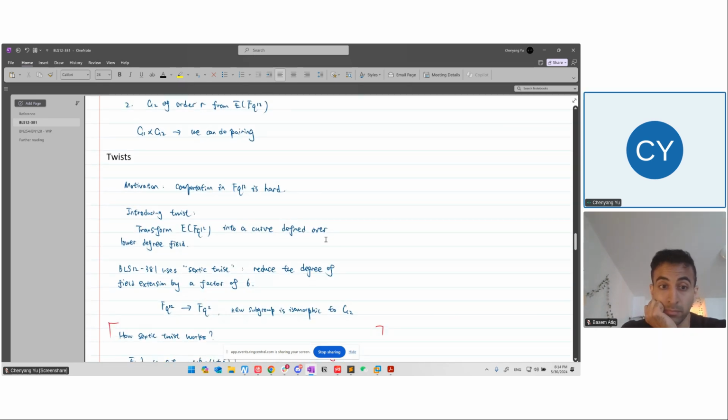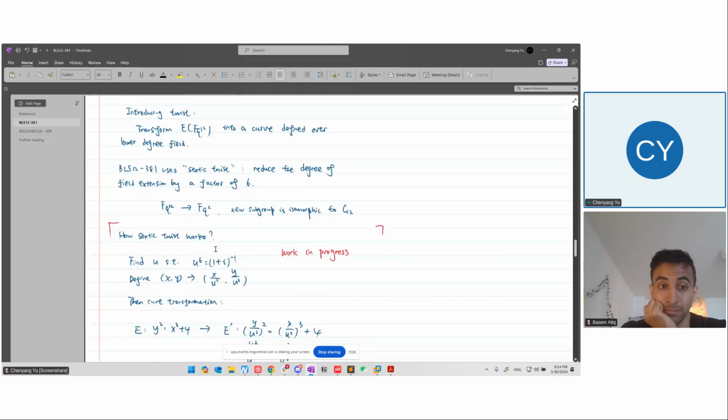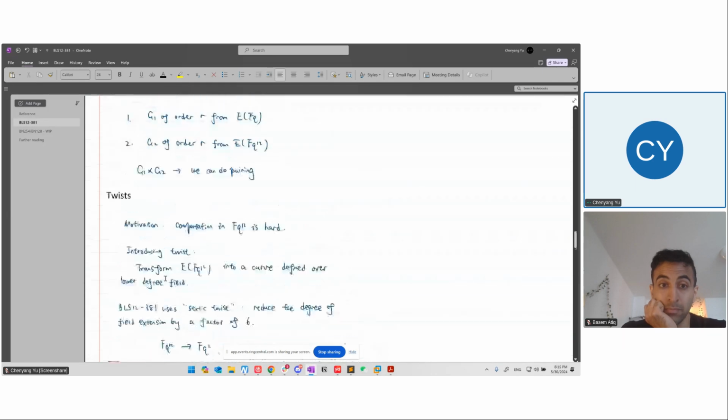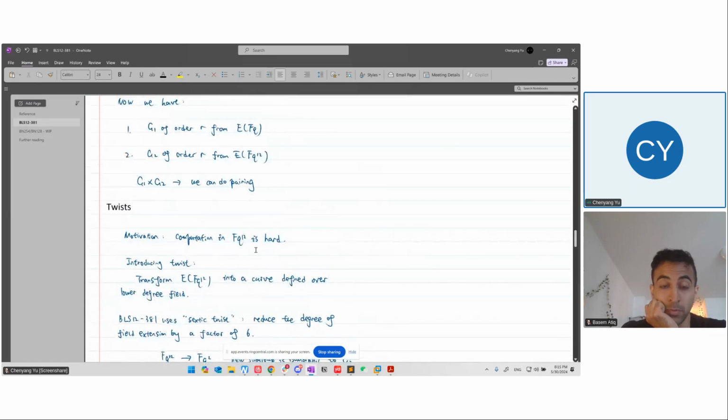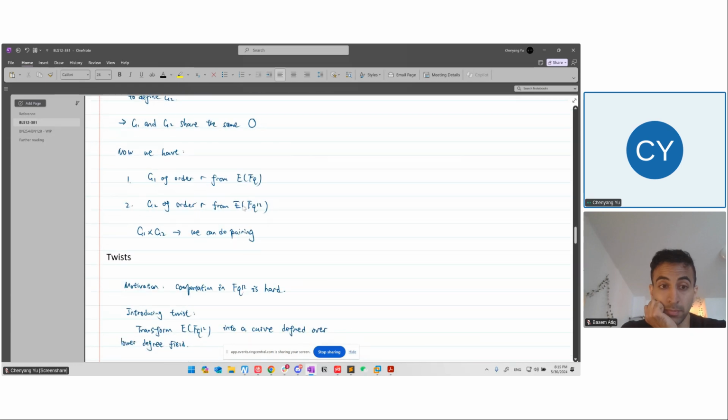Yeah, we come to the most difficult part. I think I got the idea, but this one is still work in progress. So the idea is we were extending E of FQ to FQ12, but you can imagine the computation here is pretty complicated.